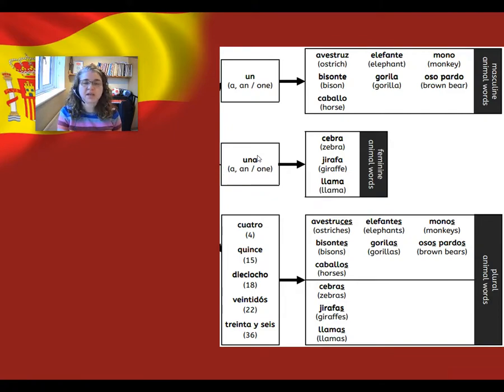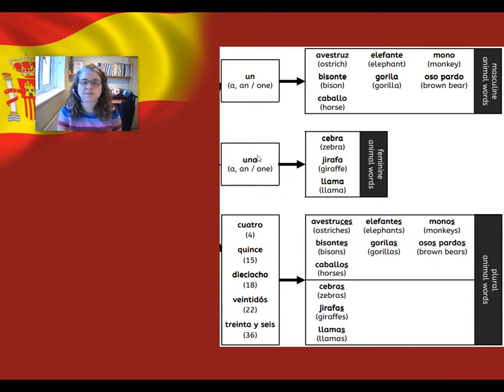Next, how do you say 22 monkeys? Have a look for the words that you need. Have you found it? You need veintidós monos. 22 monkeys. And what about 15 horses?